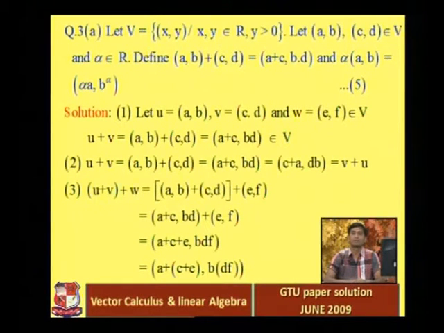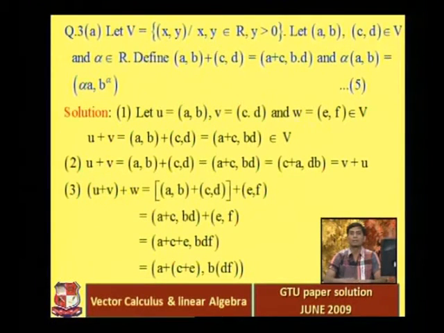Next 5 conditions are for scalar multiplication, in which the first one, that means the sixth one, is: if alpha is any scalar, then alpha into u, where u is any vector of set V, belongs also to V. Then alpha beta into u is equal to alpha into beta u, which is equal to beta into alpha u.